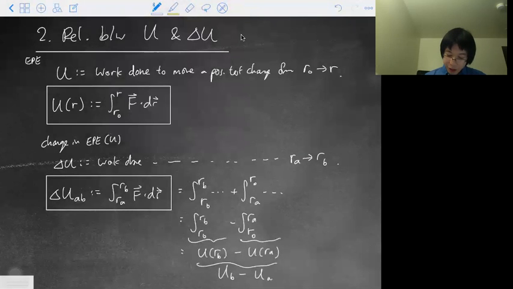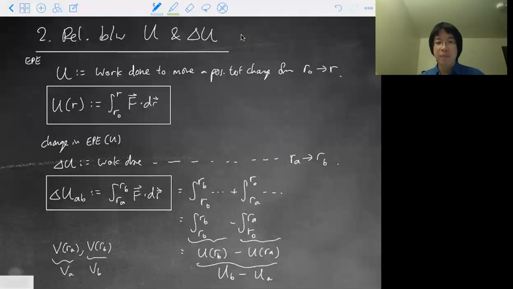Formally speaking, we should always write this as a function of the position, but if we want to be quick, we can just abbreviate it like this if it's clear what it means. Okay, so again, as expected.